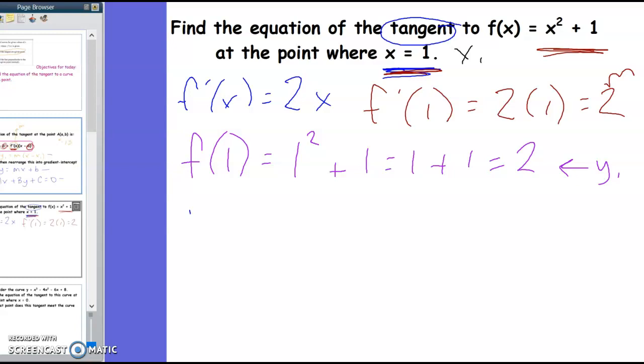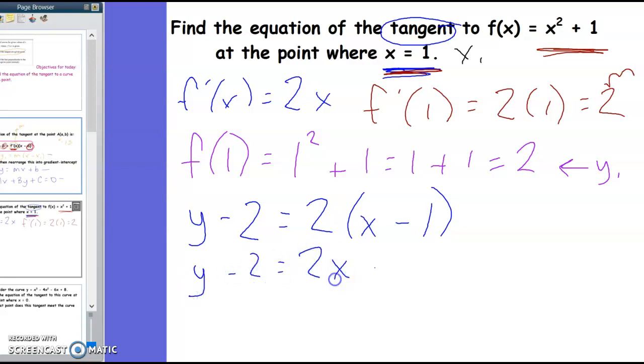All right, so let's do that. y minus y sub 1, which we found in the purple, equals m, which we found in that maroonish color, times x minus x sub 1, which is given to us. All right, now regardless of which format that we want, we can go from here to get it. So if I wanted gradient intercept form, I'll distribute the 2, add 2 to both sides.